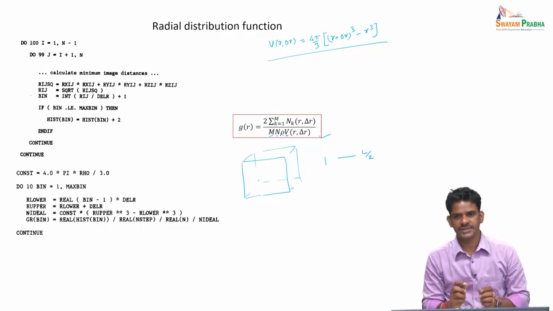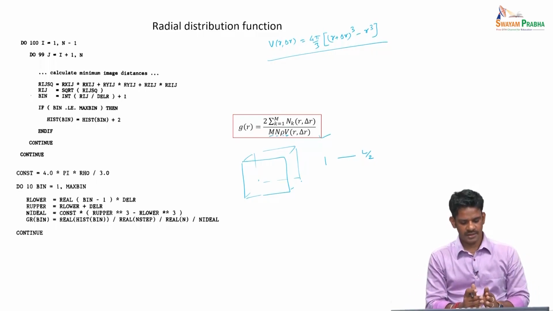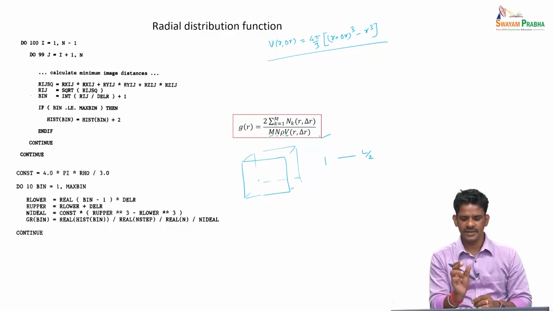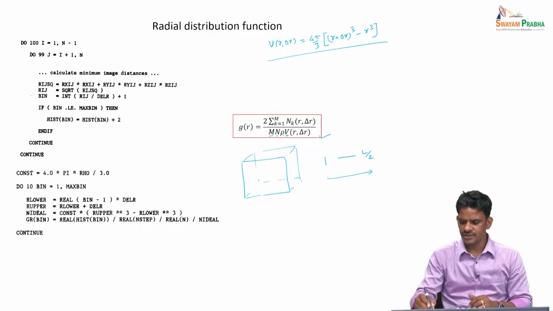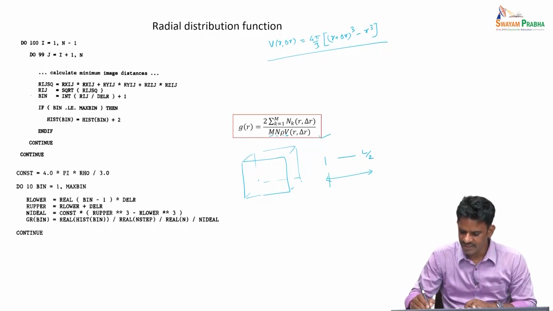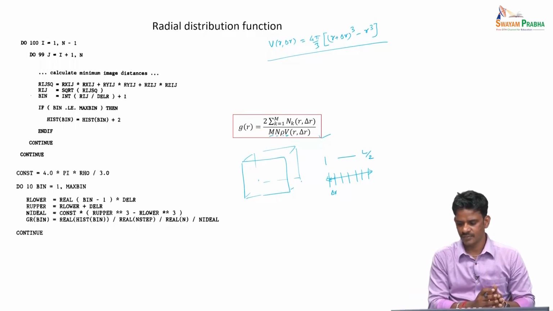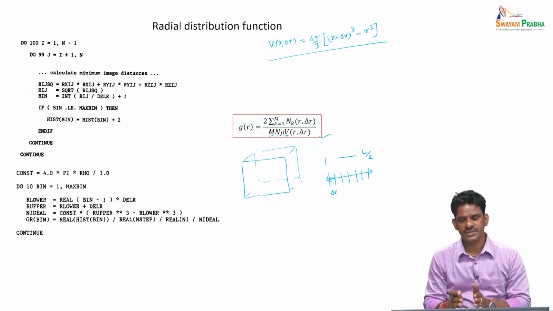What we are going to do is go through all the pairs and find the distance between a pair, which can fall anywhere in this range 1 to L by 2. This entire space is now discretized into equal widths of delta r. So this entire length scale of 0 to L by 2 is split into various bins of size delta r.